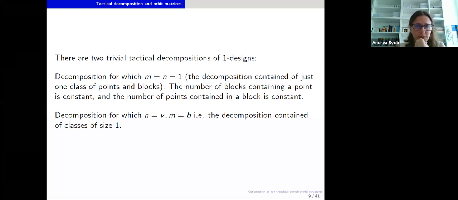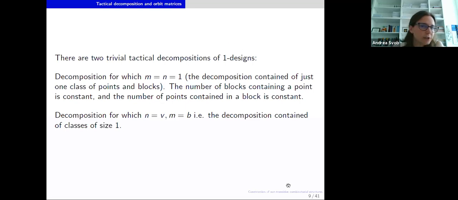What does it mean? This is a trivial tactical decomposition, and we are sure that it is tactical because the number of blocks containing a point is constant. Why? Because we have a 1-design, and for a 1-design this is a property. Also the number of points contained in a block is constant, and this also follows from the property of a 1-design.